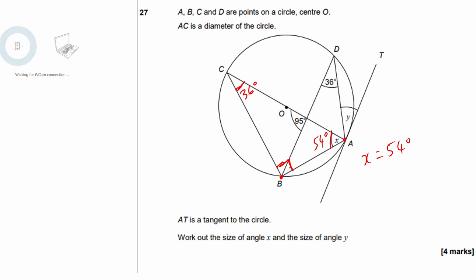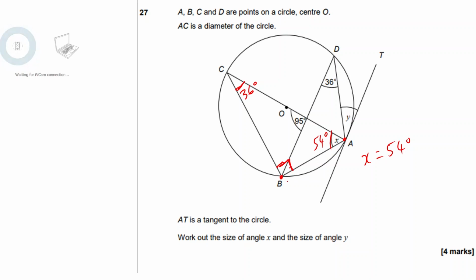And that will probably help us work out the other ones. Because now what you've got is this triangle here, the big triangle. Or just look at this triangle ABC here.